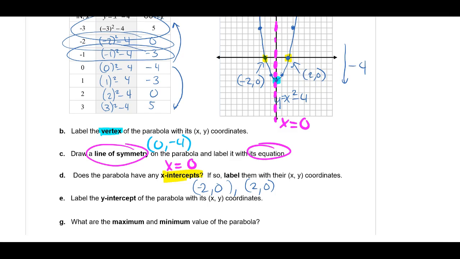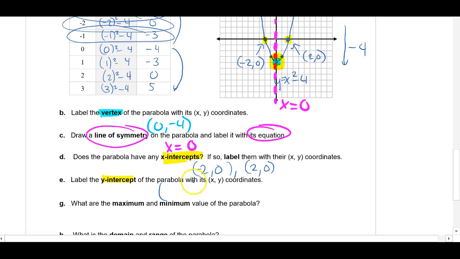Now how about, does it cross the y-axis? Well, yes, it does cross the y-axis right down here, at -4. So as a point, that's 0 and -4.